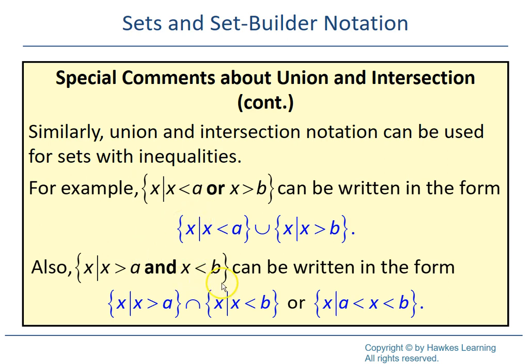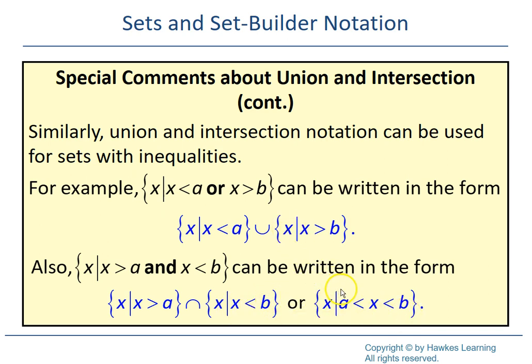And the same thing applies if we want intersection, as we look at the word and it shows it here in set builder notation, or in the general form of the set builder notation, X is such that A is less than X is less than B. So these are equivalent.